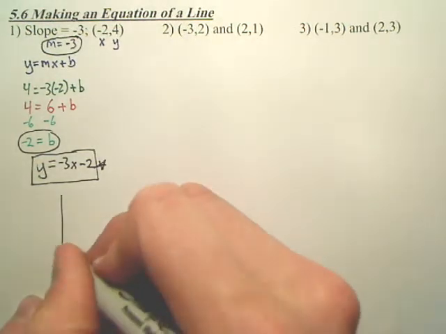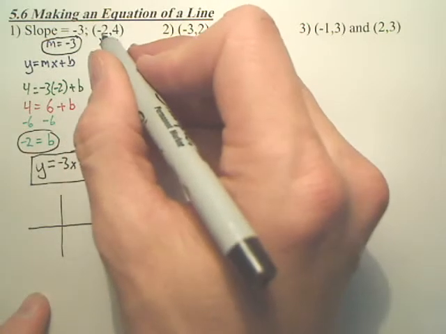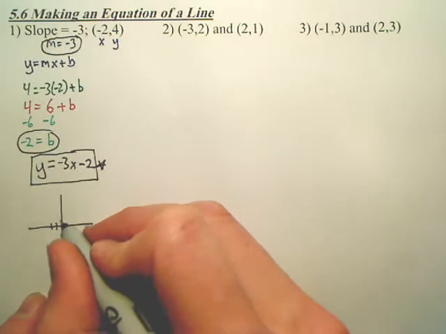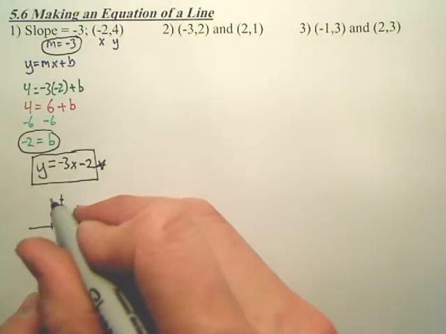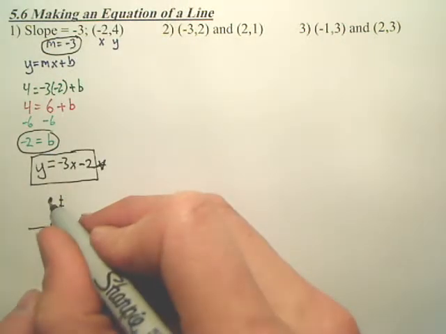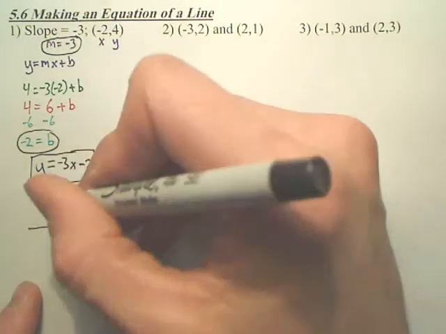Now, real quick, class, if I begin at -2, 4 and go up 1, 2, 3, 4, and my slope is -3, doesn't that mean I'm going to go down 1, 2, 3 and over 1?